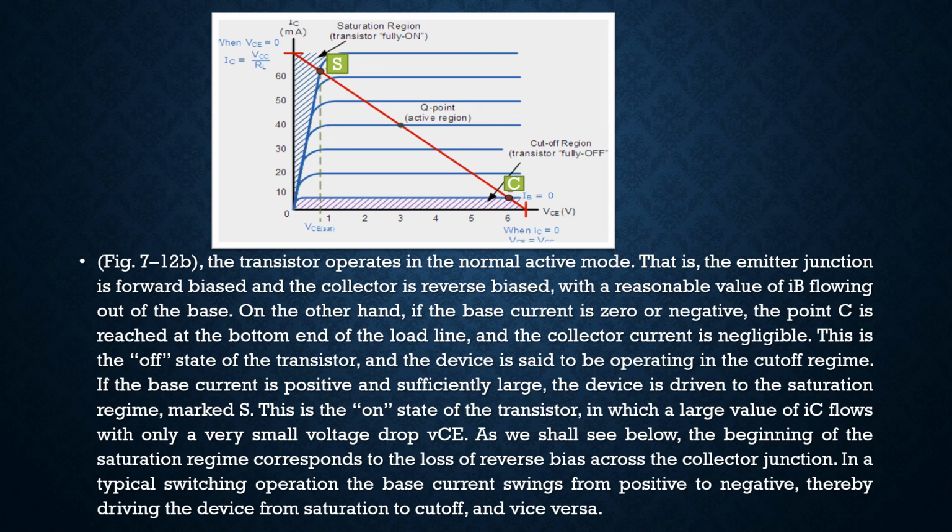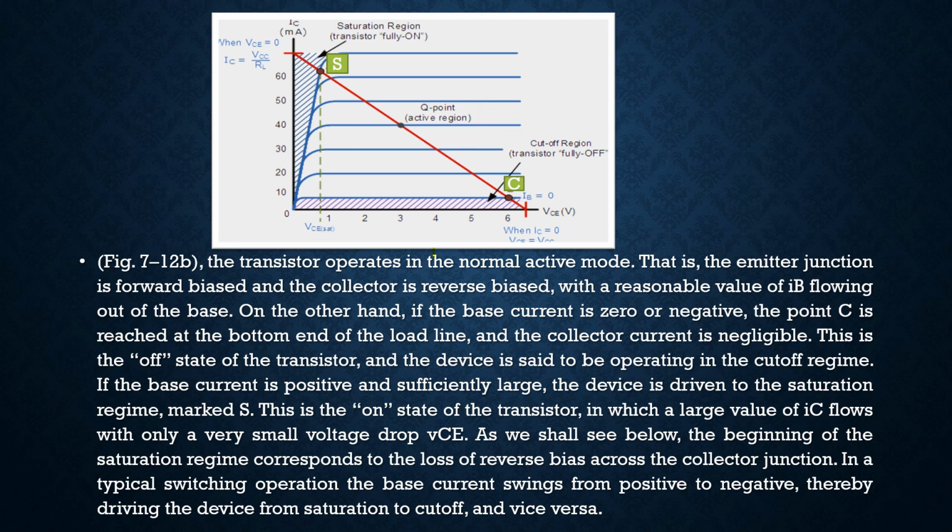On the other hand, if the base current is 0 or negative, the point C is reached at the bottom end of the load line and the collector current is negligible. This is the off state of the transistor, and the device is said to be operating in the cutoff regime.